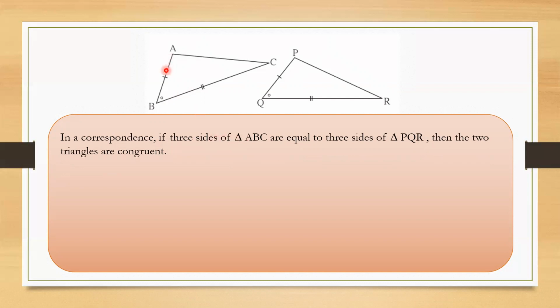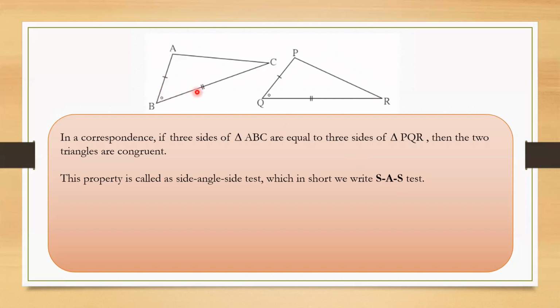If two sides of one triangle are equal to two sides of the other triangle and the angle included between them are equal, then the two triangles are congruent. So this statement is wrong. Look in the textbook and write it down. This property is called the side angle side test. In short, we can write SAS test.